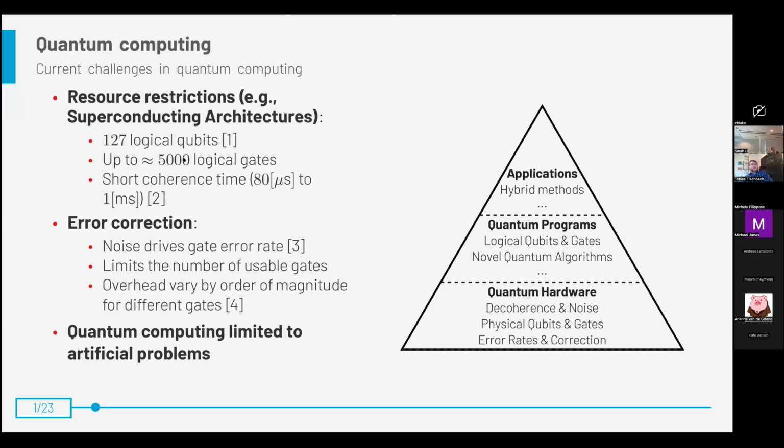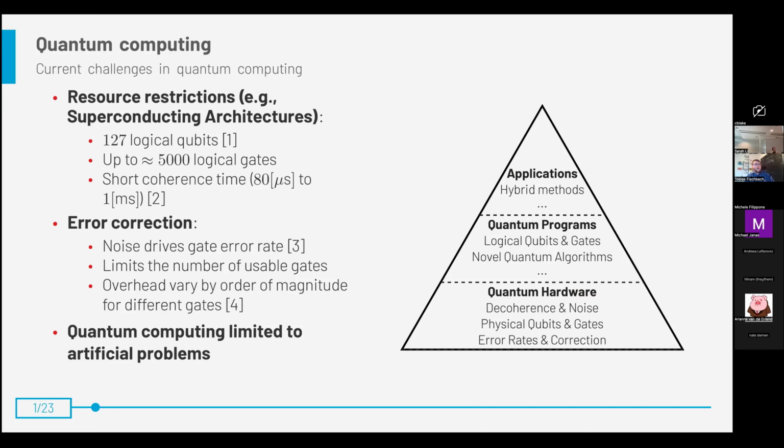So the first thing that we need to ask ourselves is, why do we even need to do quantum circuit optimization? Right now we are talking a lot about architectural restrictions. In an ideal world, we can run all these cool algorithms like quantum approximate optimization or Shor's algorithm on large systems and be very happy about it. But in reality, we are extremely resource restricted.